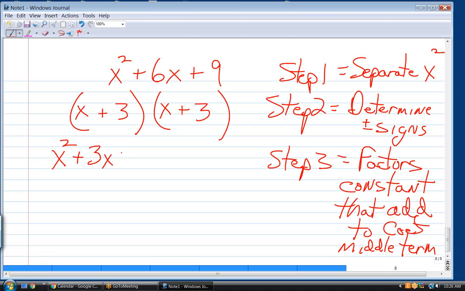And then plus 3x plus 9. Now we can always combine those two middle terms. Well, not always, but most of the time. Which is going to be 6x. And that's what we started with, which means we factored it properly. That's as easy as they come.